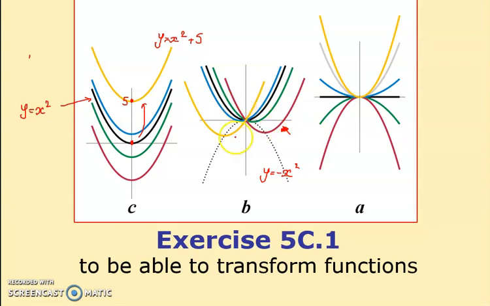It's kind of moved down and right. And this, for instance, I'm going to make up a point there. I'm going to say that is 2 across and 1 down. So this has an equation as well. So now I've made that number up, and it is made up because I don't really know what it is. But it would be y equals x minus 2 all squared minus 1.